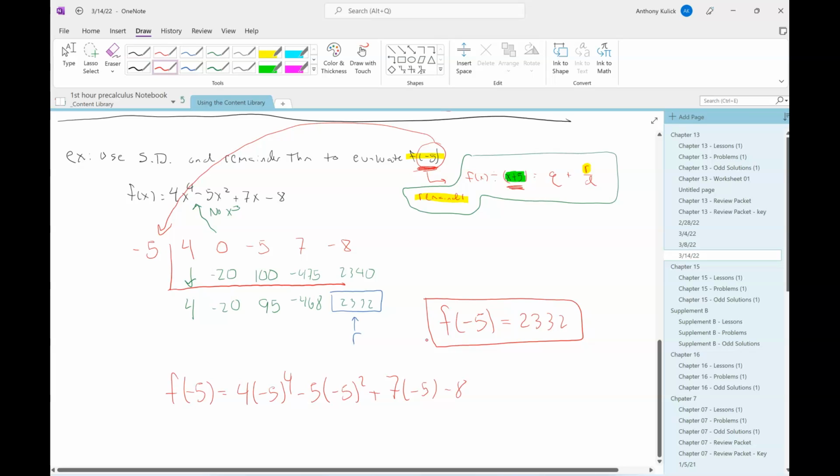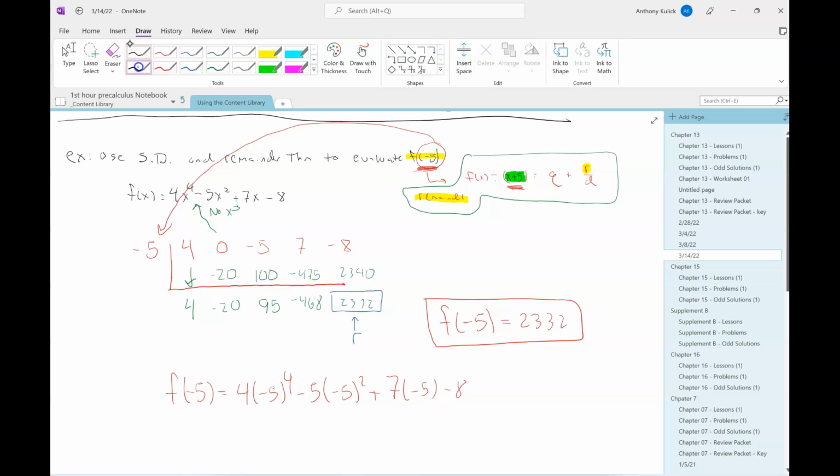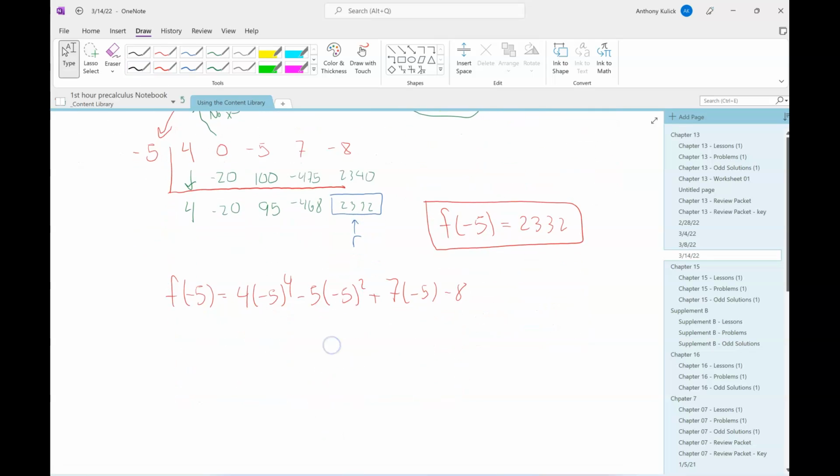Right? Substitution, it's the same process. f of -5 is the same thing whether you did it using synthetic division like we just did, or plugged it in directly. Still getting you the same answer. Now, the directions were specific on this problem about how they wanted us to do it, but it's the same process. Just to reiterate, okay?